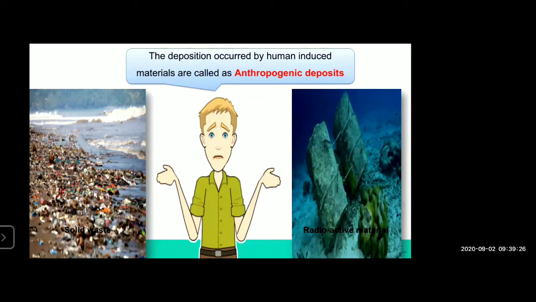This waste proves hazardous to the hydrosphere. Hydrosphere means what? Water. So this waste is hazardous. Why is it hazardous? Because these things are eaten by the fish, and the fish die.